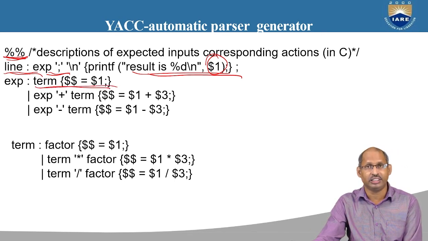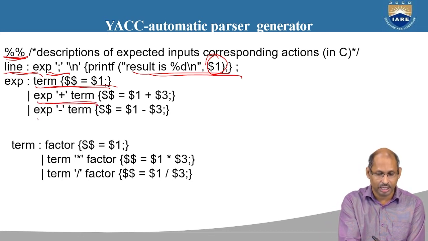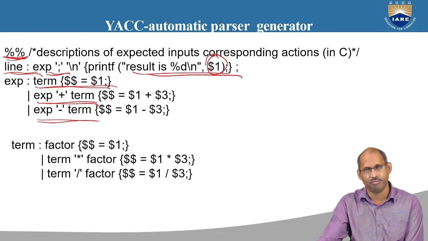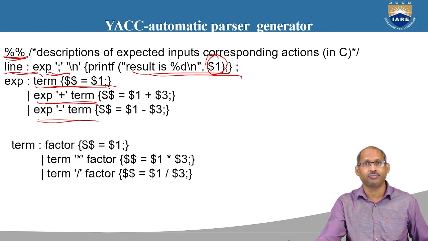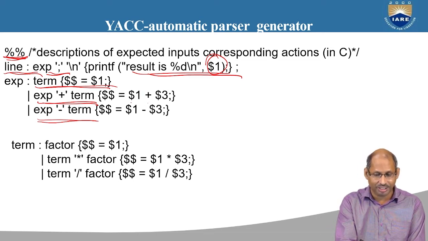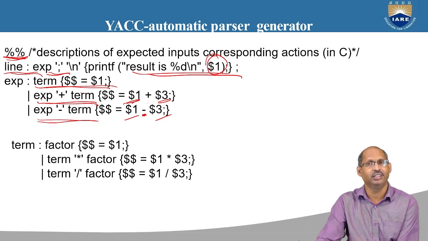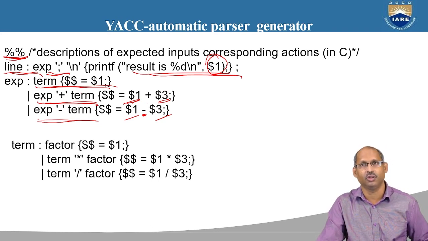Expression we are saying as a term, or expression plus term, or expression minus term, right? Here the result will be the addition of first element and third element. This is the first element, this is the third element, with respect to expression and term. And the action part will have the subtraction of expression and term, $1, $3.